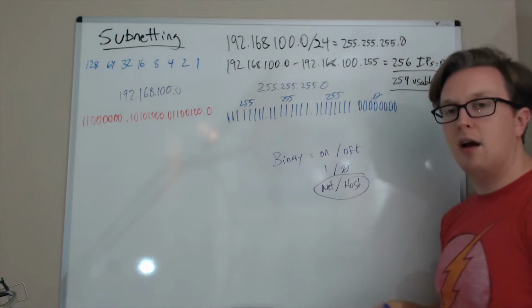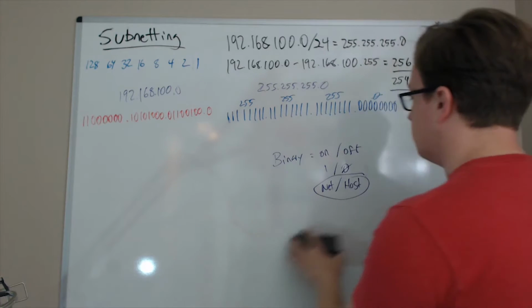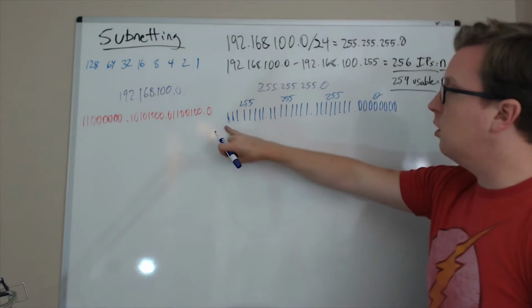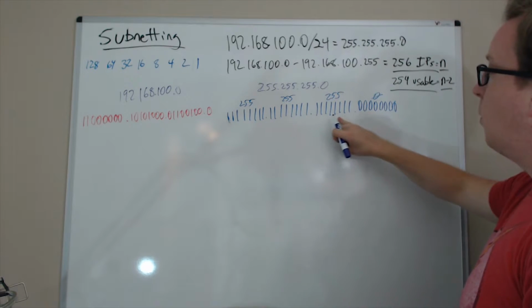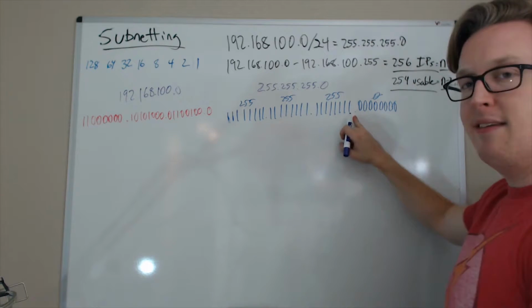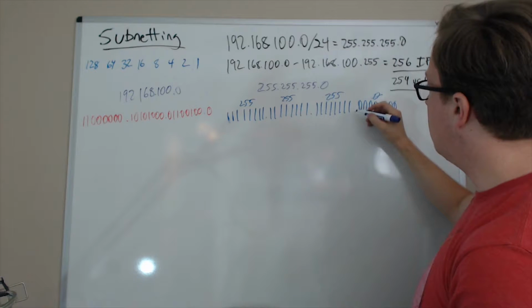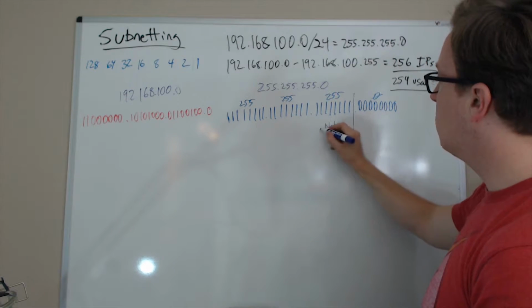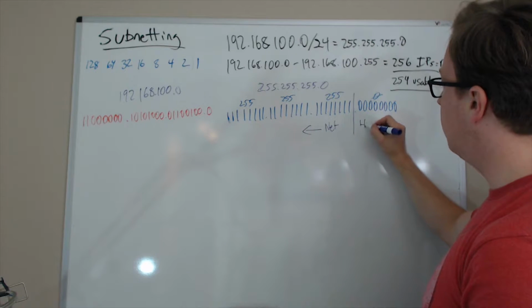That's the key for where we are right now in this conversation. So we take a look and see where the ones are. Where the ones stop and the zeros start is where our network ends and our hosts begin.